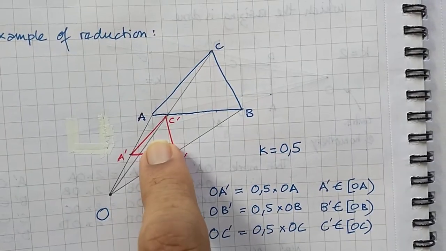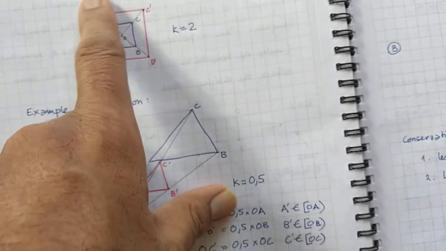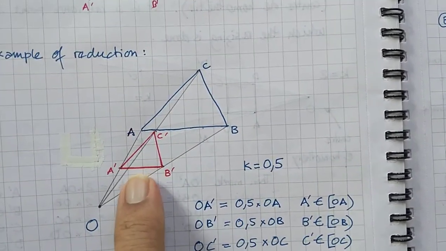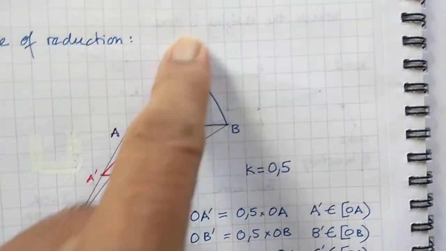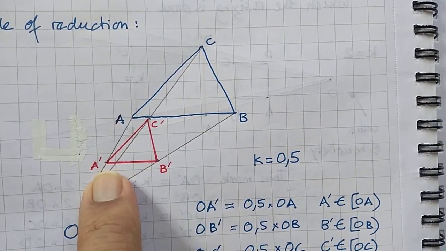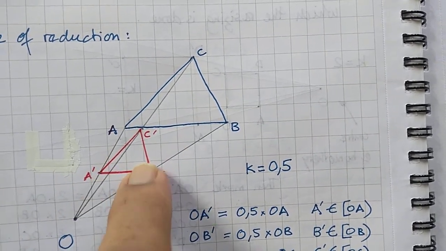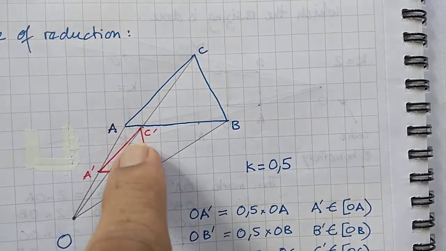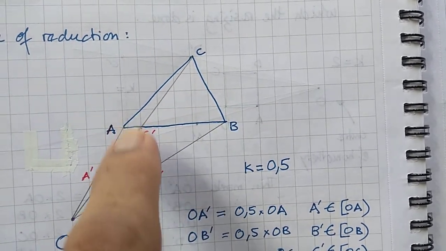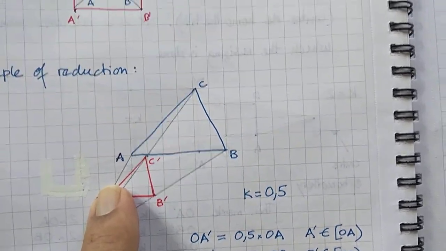That means whenever you reduce or enlarge a figure, none of the angles change. So say if I have this triangle ABC, when I reduce it to A dash, B dash, C dash, this angle remains the same here, this angle remains the same here, this angle remains the same here.